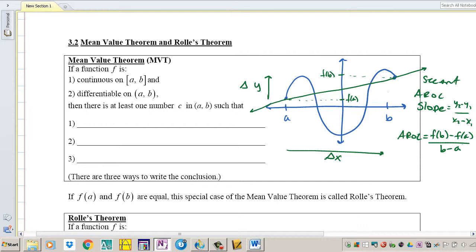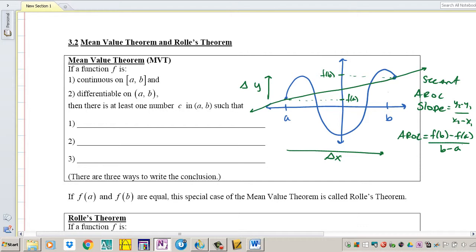So here's my question. Is there an instance, 1, 2, 3, or 4? Is there at least one instance at which the slope of the secant line could be equal to the slope of the tangent line, which is a derivative?